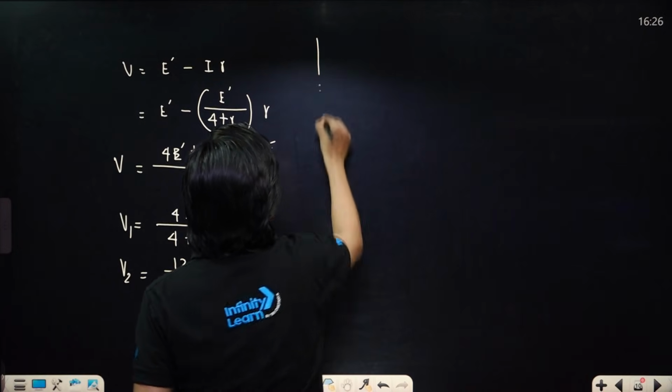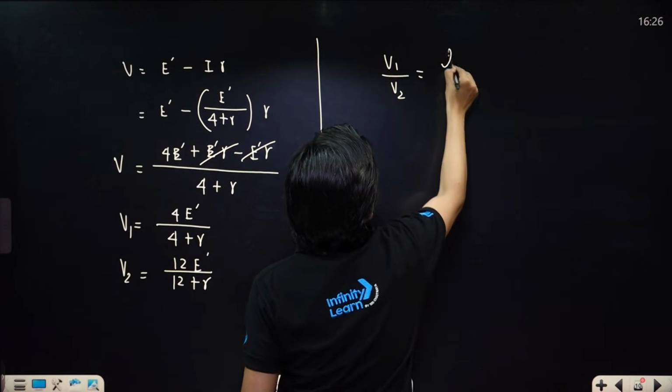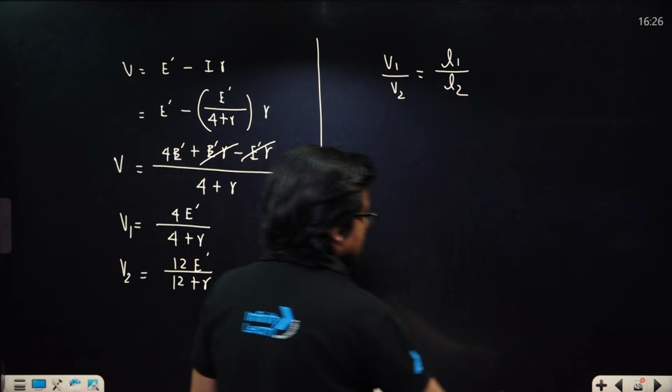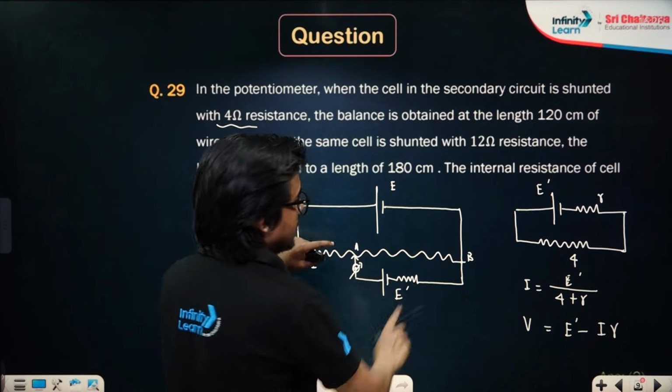Now you can write this V1 by V2 is equal to L1 by L2, right? Because current I is going through this. This primary will give a current I to it.